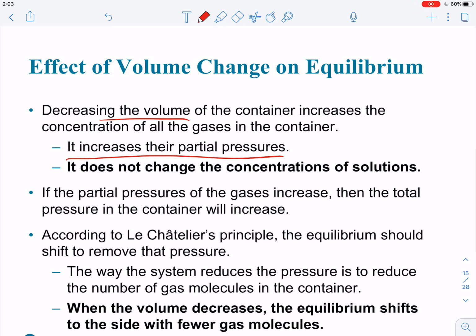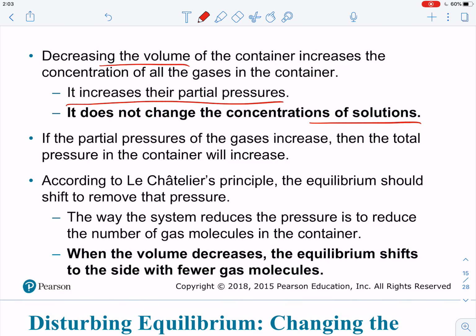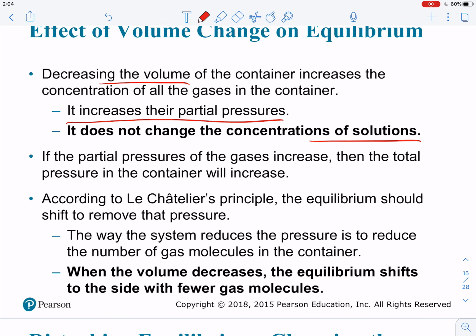But if you are working with solutions, generally speaking, it has no impact because the concentration in the solution will stay constant. So now, what's really important here, if you're working with solutions, you can forget about it, but most likely when we are applying this Le Chatelier principle, we are working with mixtures in the gas phase.